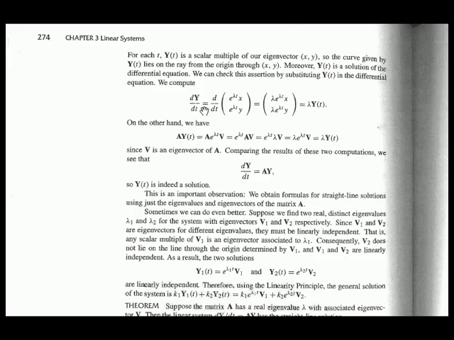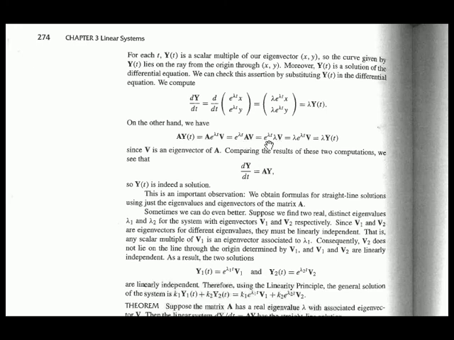And just plug it in. You plug in your alleged solution on the left-hand side, and the derivative of e to the lambda t x, e to the lambda t y, you just get a multiple of lambda in both. You can factor out the lambda, and what you have left is just your original y. On the other hand, on the right-hand side, A times y, if y is e to the lambda t v, the e to the lambda t comes out, it's a scalar.